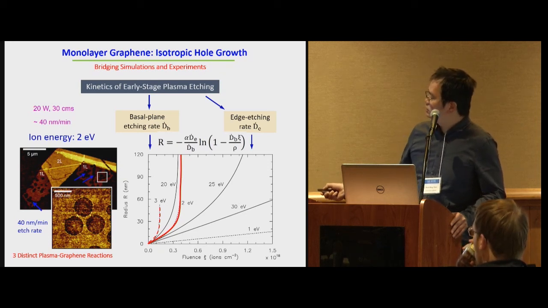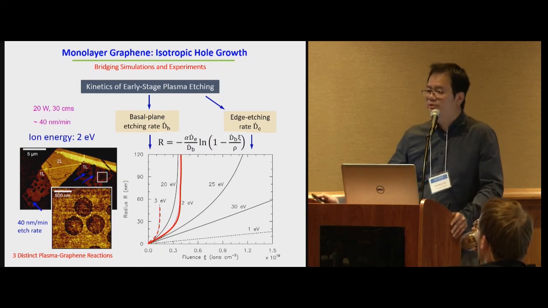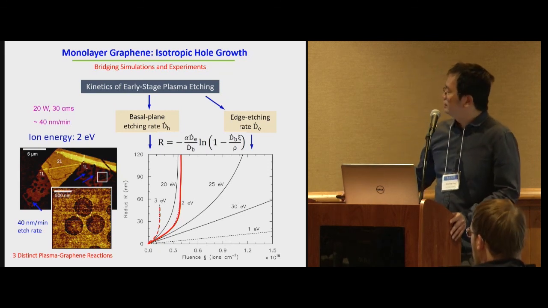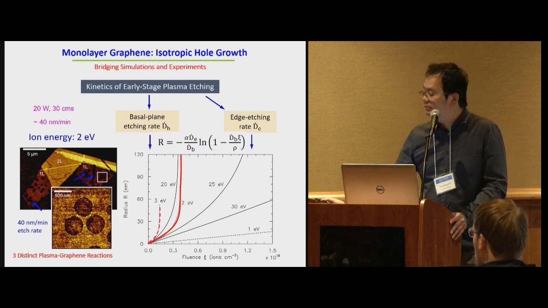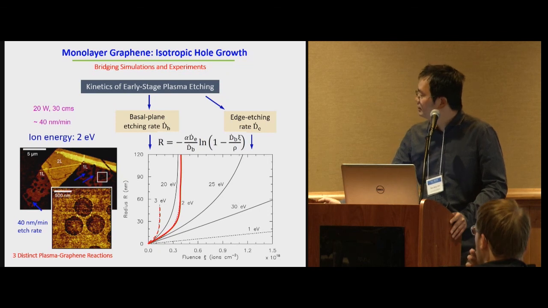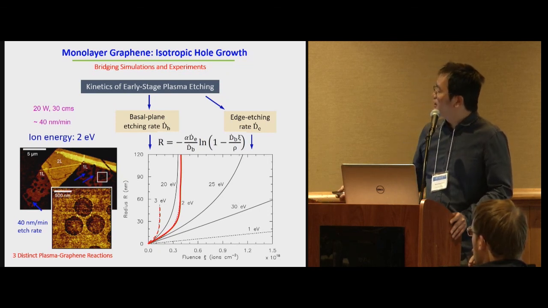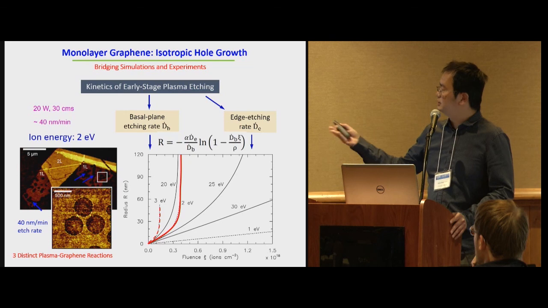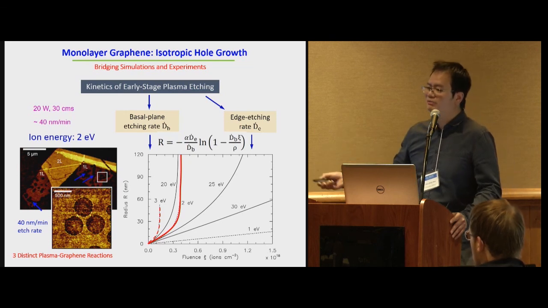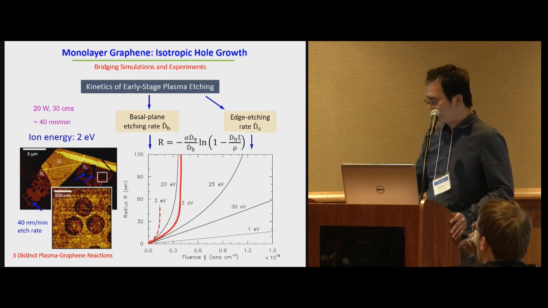This also agrees with what they have seen in experiments, where they have reported something like 40 nanometer per minute etch rate. This is extremely fast. And sometimes they have observed not just circular holes, but the entire sheet disintegrates almost immediately before you can really capture the pattern.